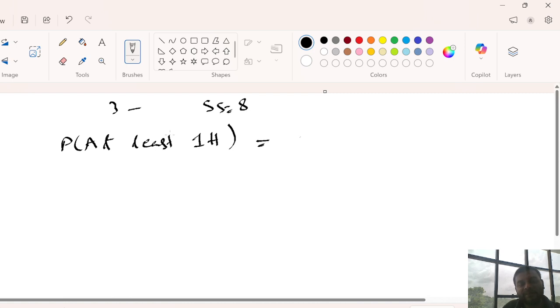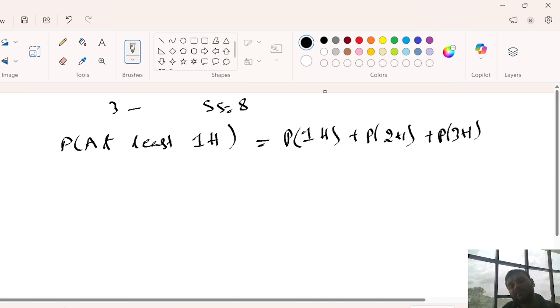At least one head means the probability of getting one head plus the probability of getting two heads plus the probability of getting three heads. There will be no four heads, so the remaining probability will be 0.